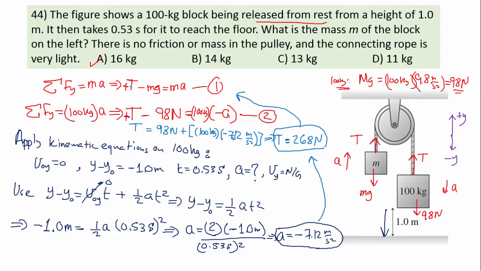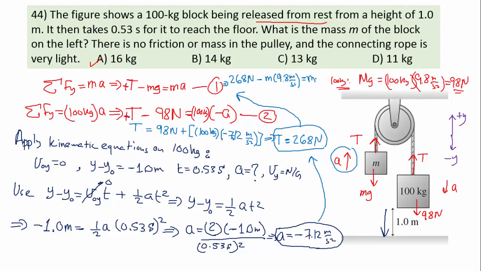On equation number 1, we have the tension now, and we have the acceleration, so we can solve for the mass. The tension is 268 Newton minus the mass times g, which is 9.8 meter per second squared, equal to the mass times the acceleration, and the acceleration is positive in that case, because here the acceleration is moving in the positive y direction.